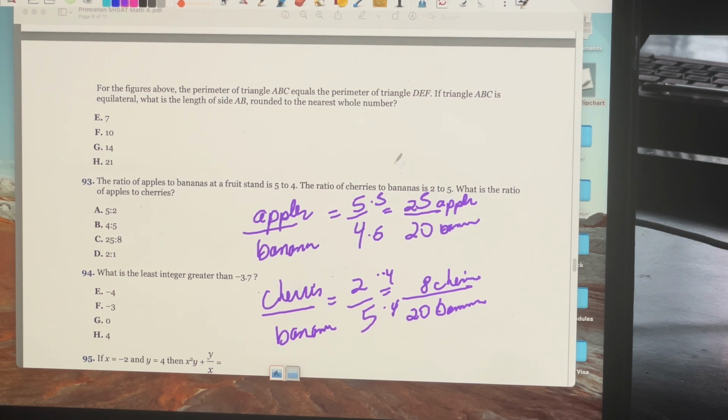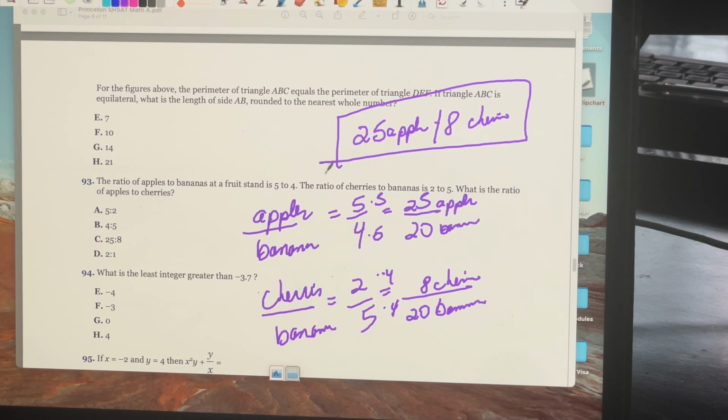I can say that when there are 25 apples, I have 8 cherries. So I use the banana as my common denominator. I'm comparing apples to the same amount of bananas, and cherries to the same amount of bananas, and then I got the relationship between apples and cherries.